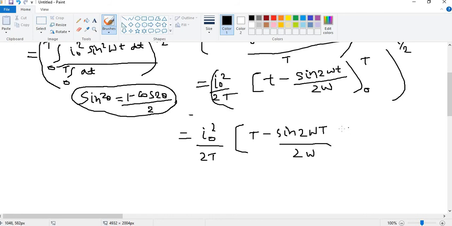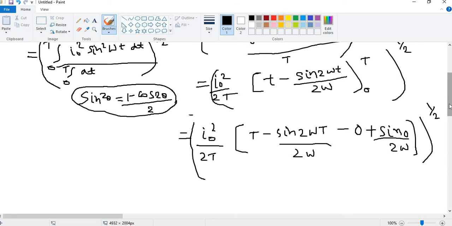So we have put the upper limit; now we put the lower limit, which is 0. It will be minus, and one more minus is there, so it becomes plus sine 2 into 0, so sine 0 by 2 omega is left, and we are done with the limits. Now we give the whole the power of 1 by 2. This much is clear.